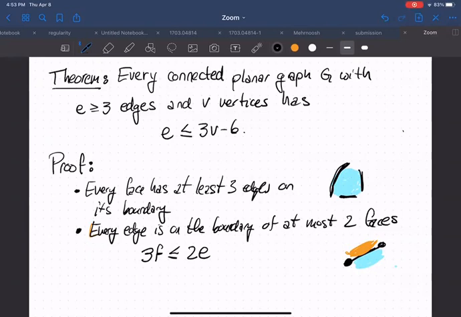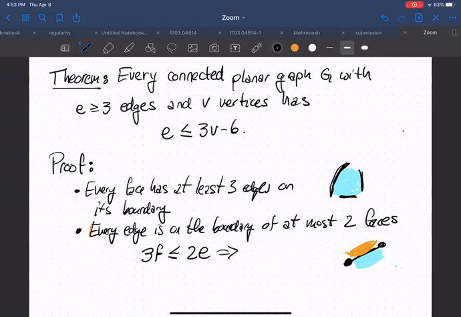Think of it as sort of the way we looked at the degree sum adding up to the number of edges. It's the same sort of argument: if we walk around each face counting how many edges we see, then we will count each edge twice that way.